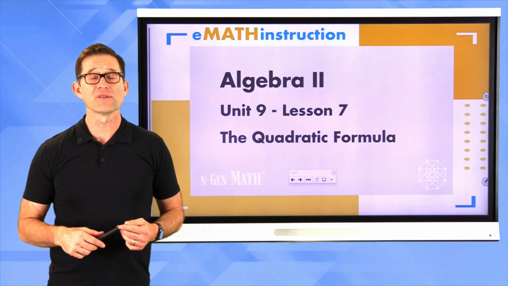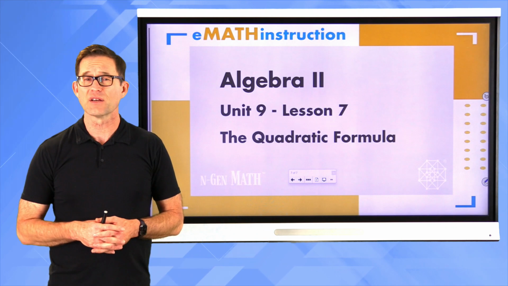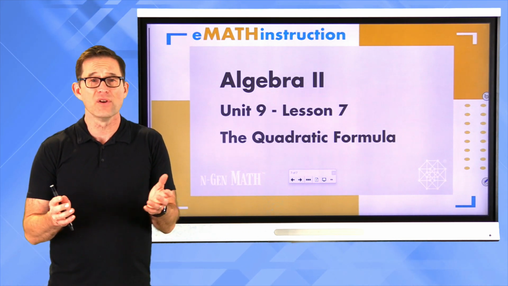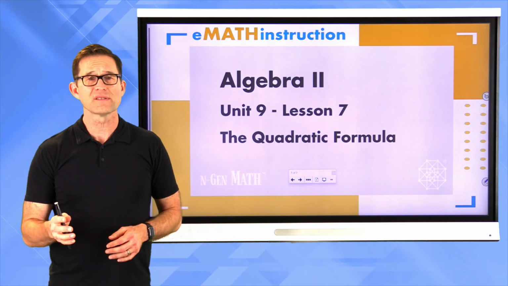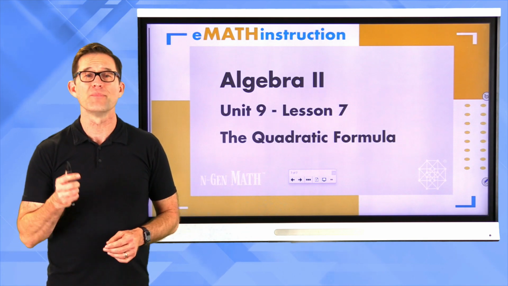The formula will also lead us to really understanding a lot of other things in this unit, such as when do quadratics have no roots at all? When do they have no solutions whatsoever? What does that mean graphically? There's going to be a lot of things that we're going to be able to explore because we have the quadratic formula.